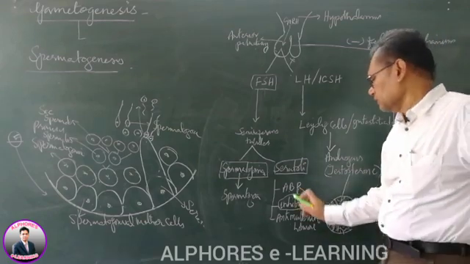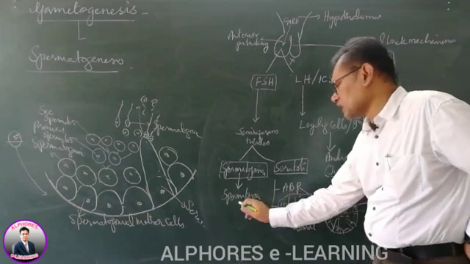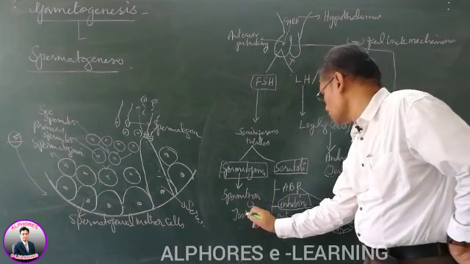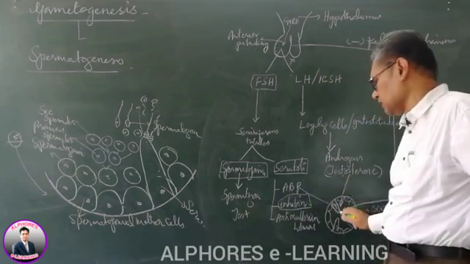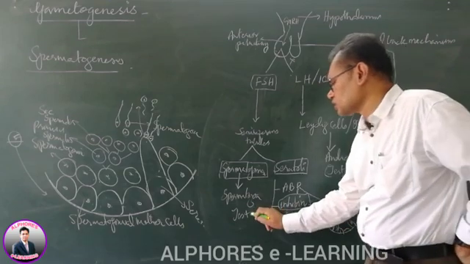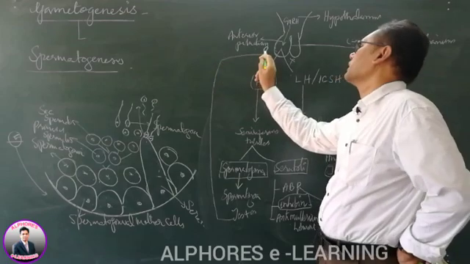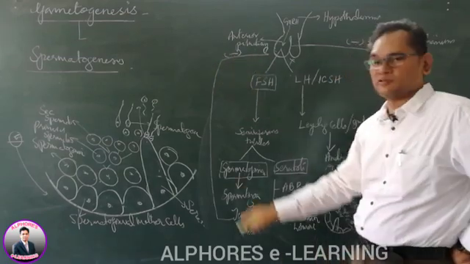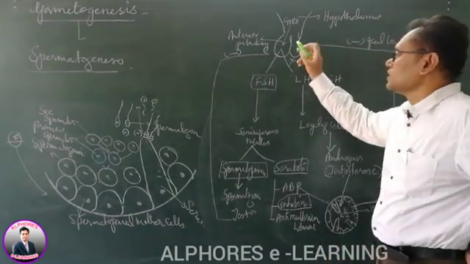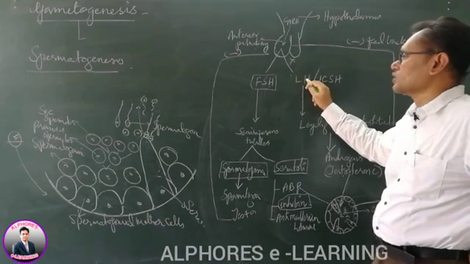Then if excess testosterone is produced, and this testosterone is more inside, it also provides negative feedback to the anterior pituitary, another negative feedback. So FSH and LH, both are not released.